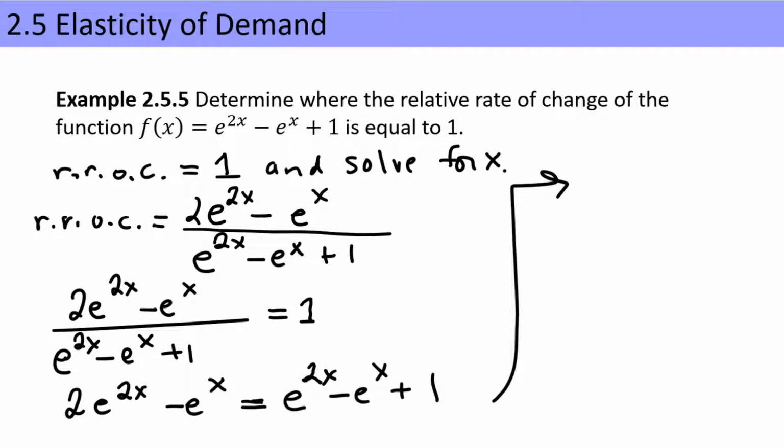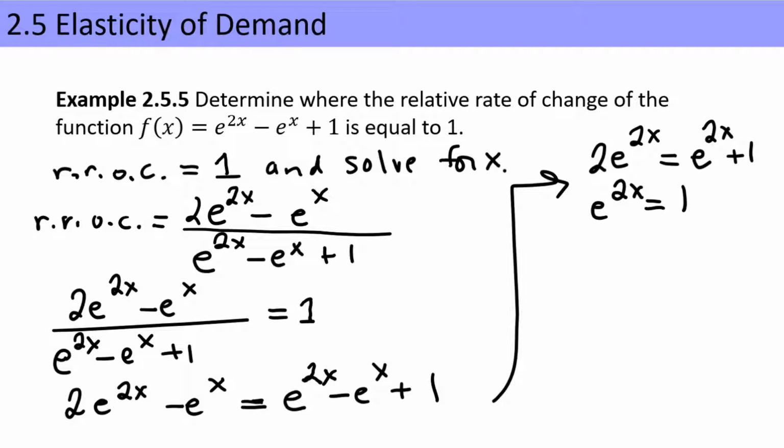The e to the x's cancel, and so we now have 2e to the 2x equals e to the 2x plus 1. Let's subtract e to the 2x from both sides, and we get e to the 2x equals 1.